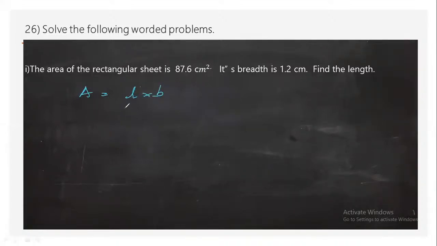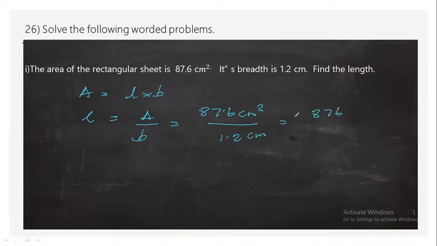So length equals area divided by breadth: 87.6 square centimeters divided by 1.2 centimeters. Multiply 87.6 by 10 and 1.2 by 10, then you can write 876 divided by 12.